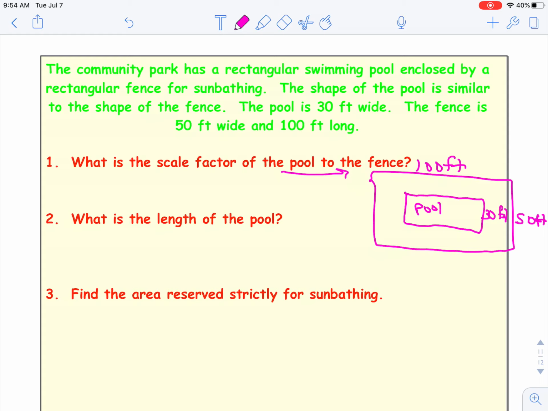So we want to know the scale factor of the pool to the fence. What we know is that the pool is 30 feet and the fence that corresponds is 50 feet. So that is going to give us a ratio or a scale factor of 3:5.